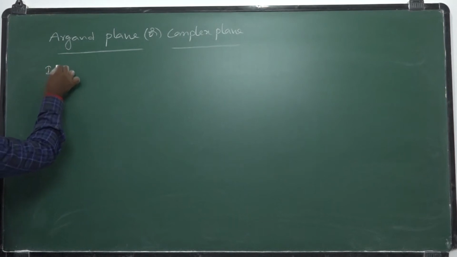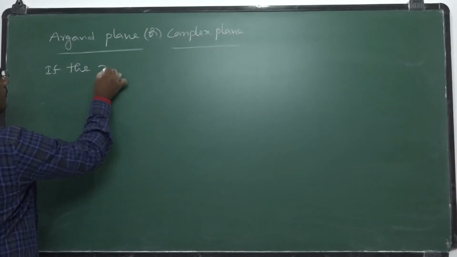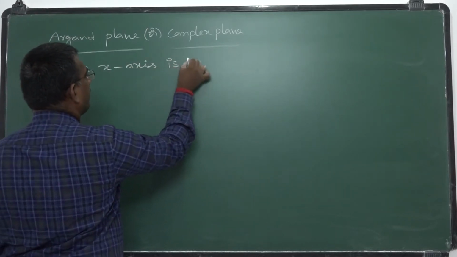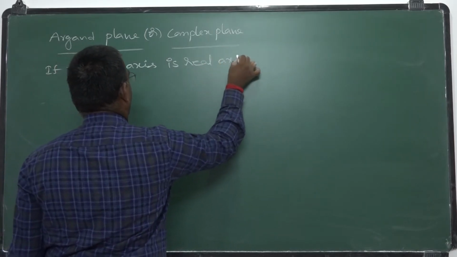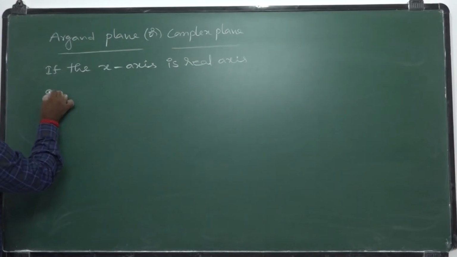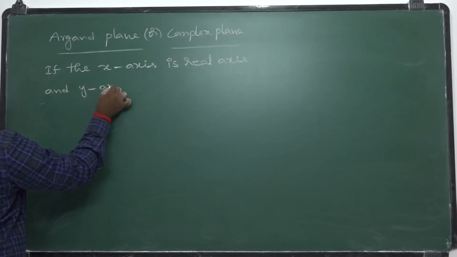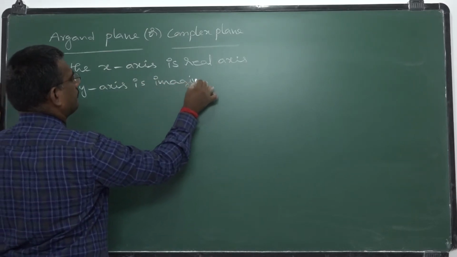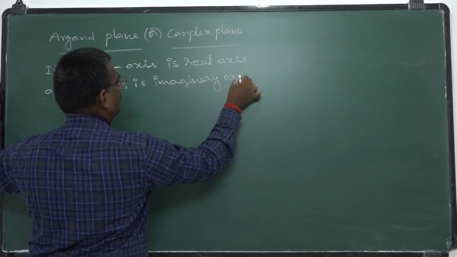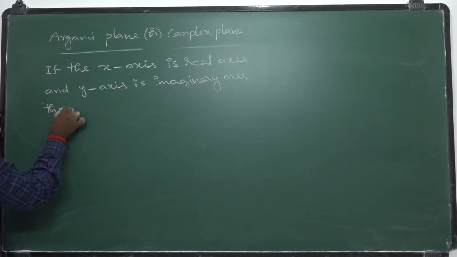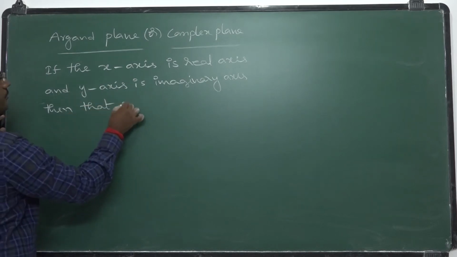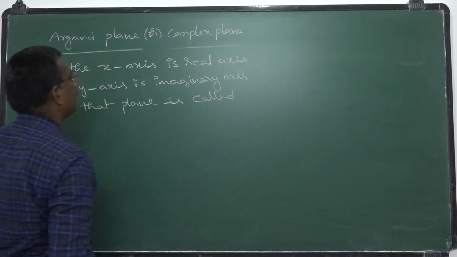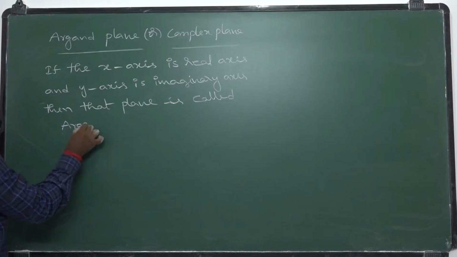If the x-axis is the real axis and the y-axis is the imaginary axis, then that plane is called the Argand plane or complex plane.